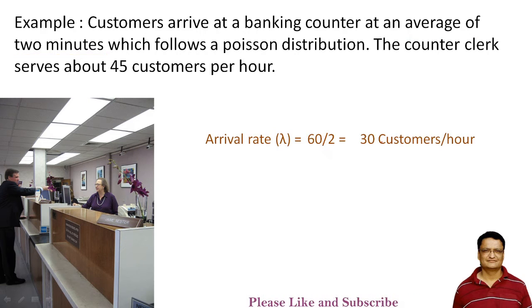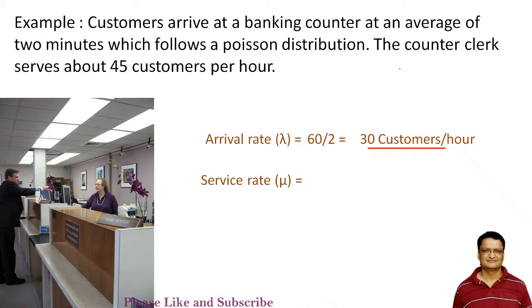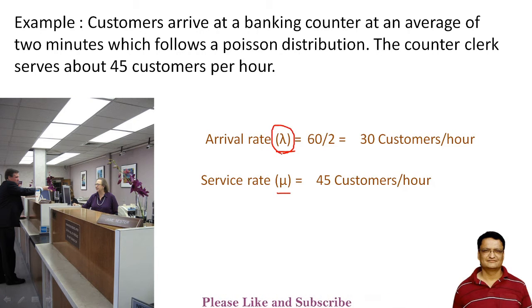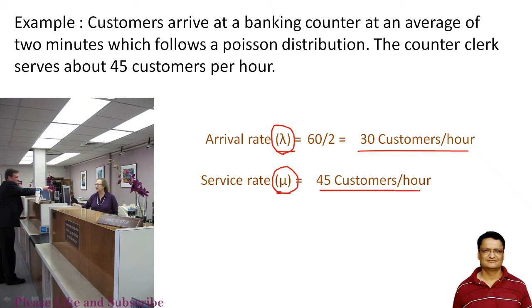So there are 30 customers coming per hour. Similarly, the service rate is given directly, which is nothing but the 45 customers per hour. So these are the two important things that we should be knowing. The first one is the arrival rate, lambda, that is 30 customers per hour, and the service rate, mu, that is 45 customers per hour.